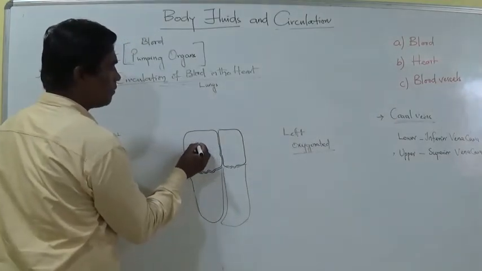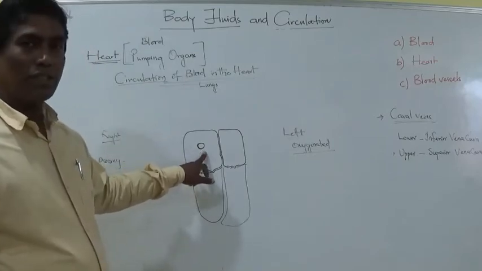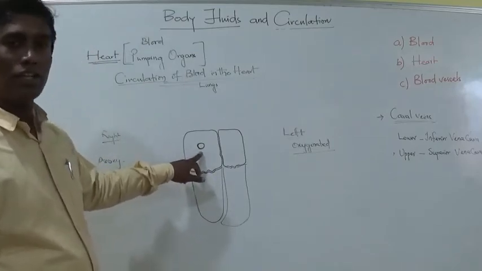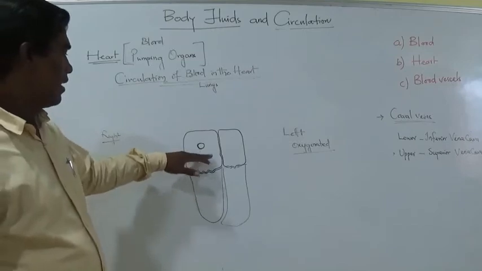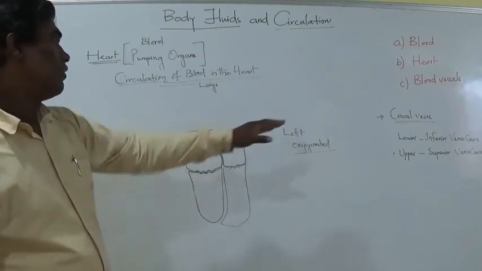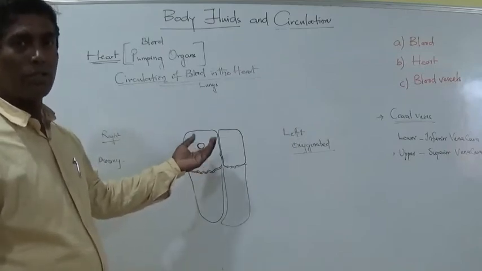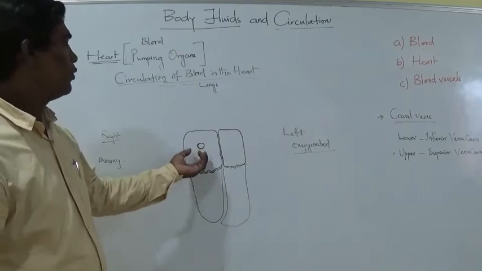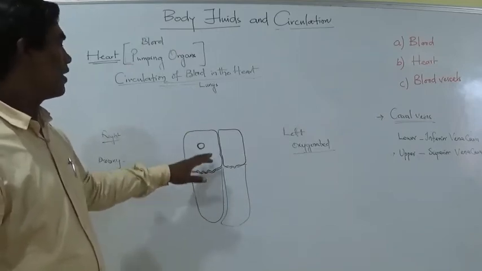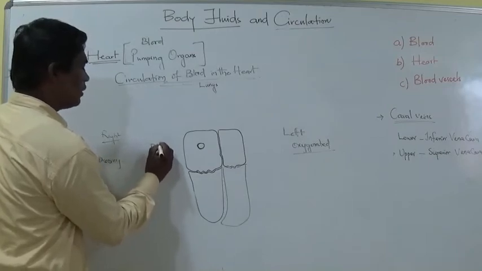As I mentioned, an opening is present at this particular junction in the upper middle portion, where the caval veins pour their blood, the impure, deoxygenated blood, into the right chamber, the right auricular chamber.